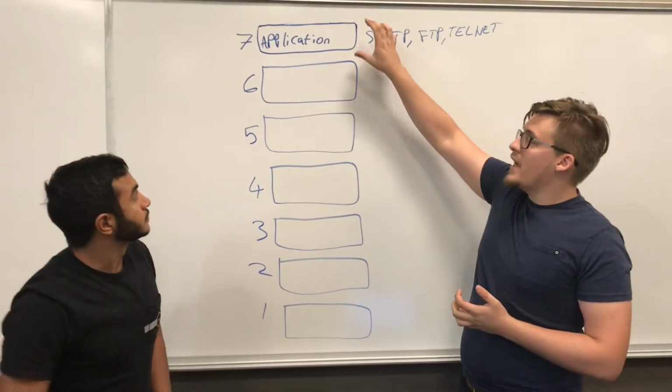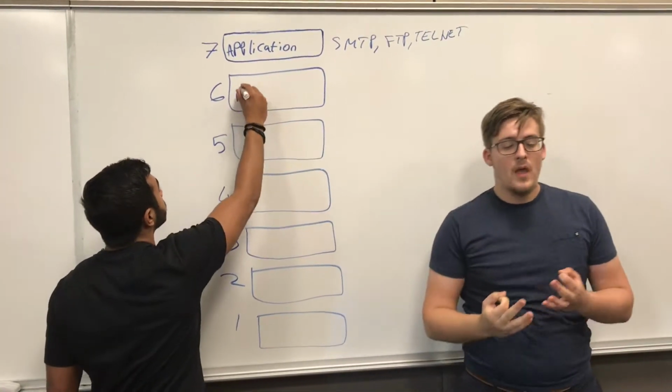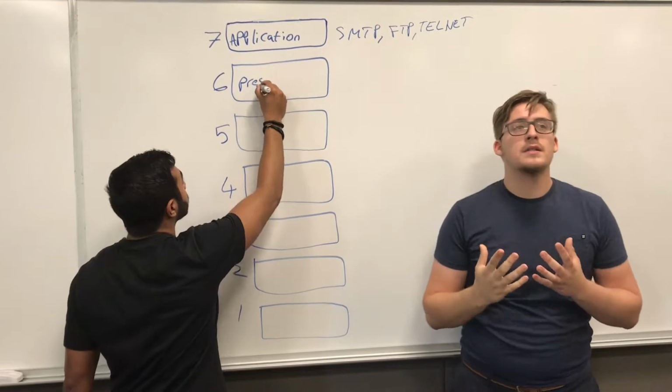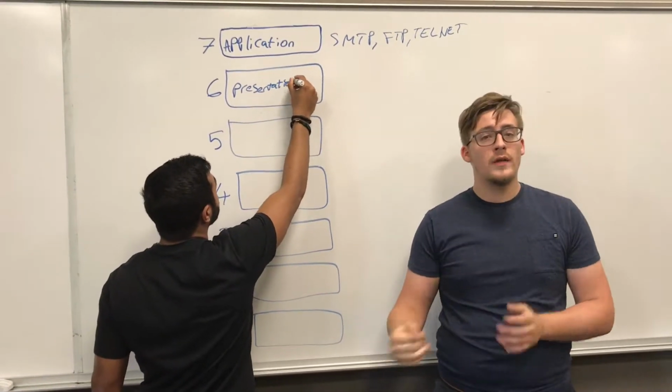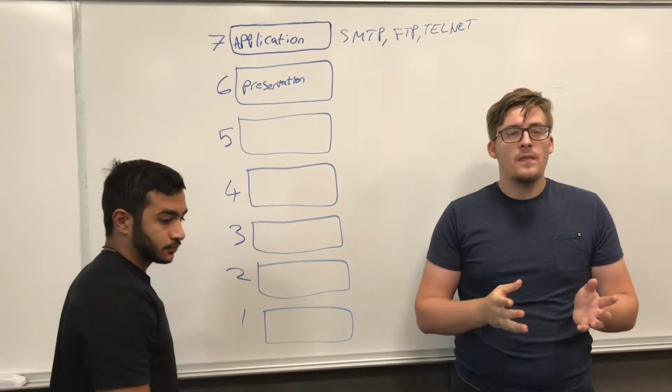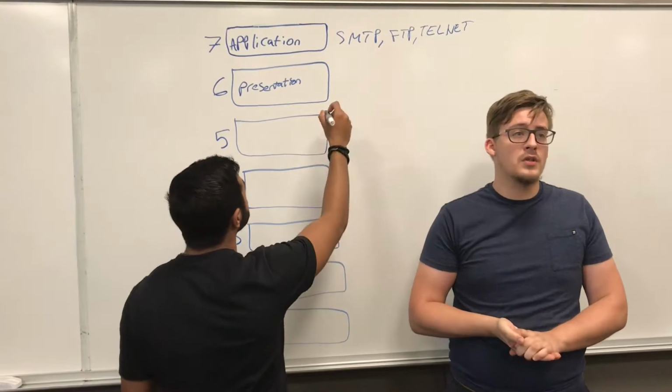As we're done with the application layer, we're moving down to the 6th layer, the presentation layer. At this layer, the main objective is to ensure that a different receiving computer will understand the content, and the presentation layer is all about encryption or decryption of the material.